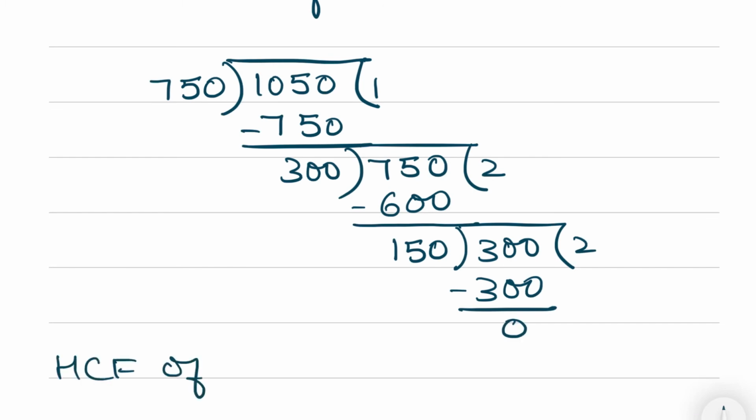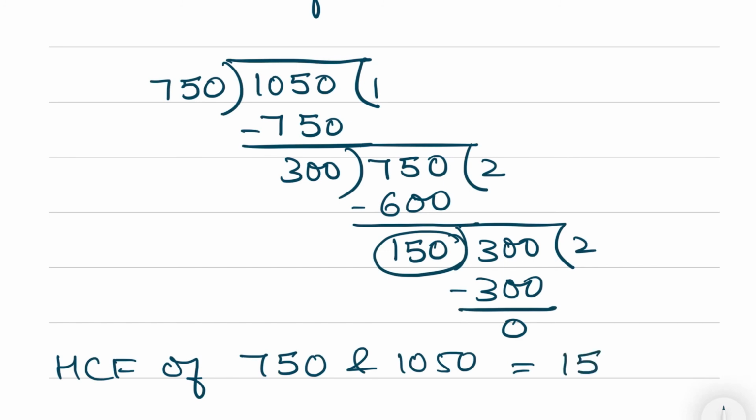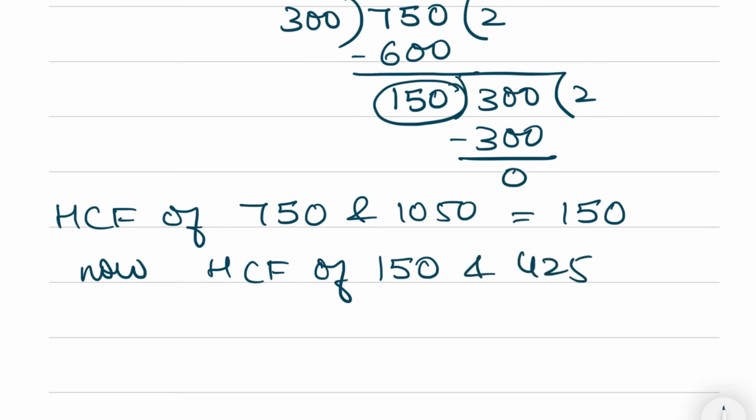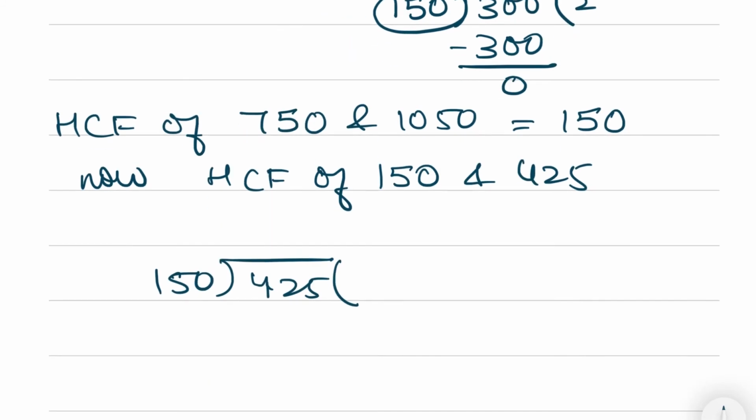So the HCF of 750 and 1050 is equal to 150 here. Okay, now we have to find the HCF of 150 and 425. The smaller one is the divisor, the larger one becomes the dividend, 425. So we have 2 times 150, this is equal to 300, subtracting we get 125.